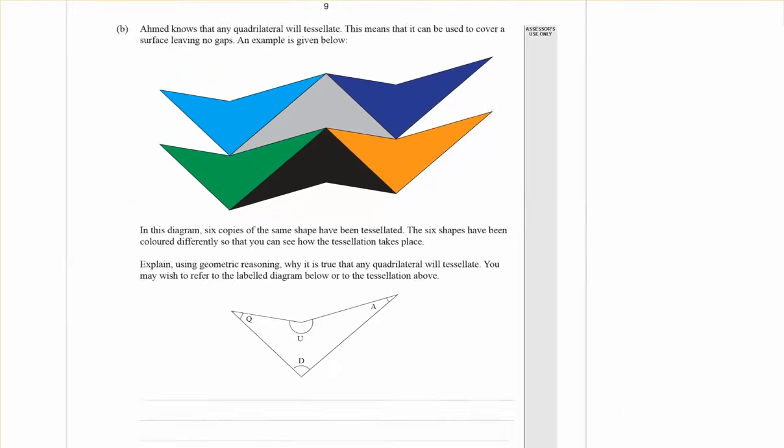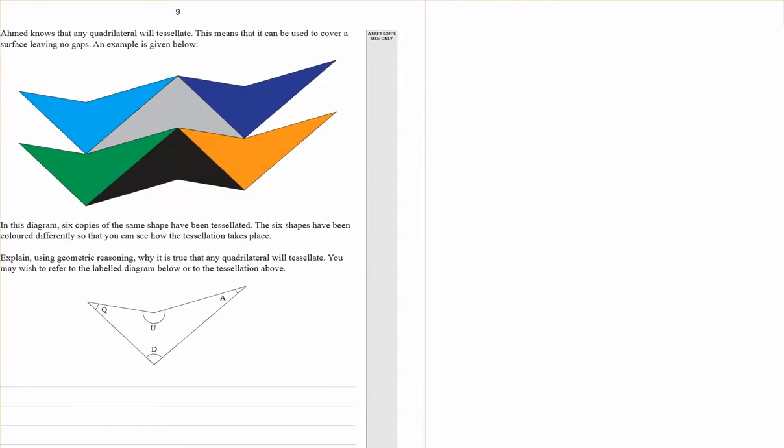Well, if we do a combination of both, because this is a quadrilateral, I know that angle Q plus U plus A plus angle D must add to 360 degrees, because that's angles in a quad sum 360.